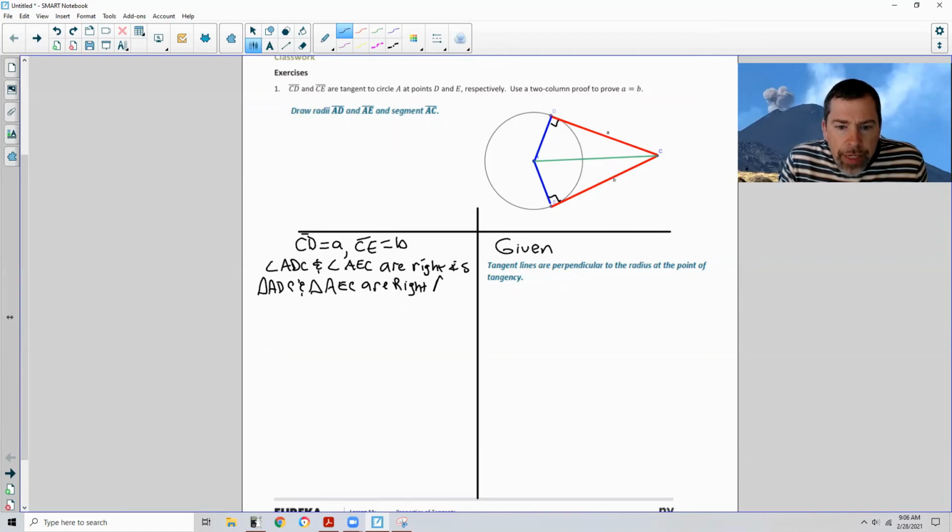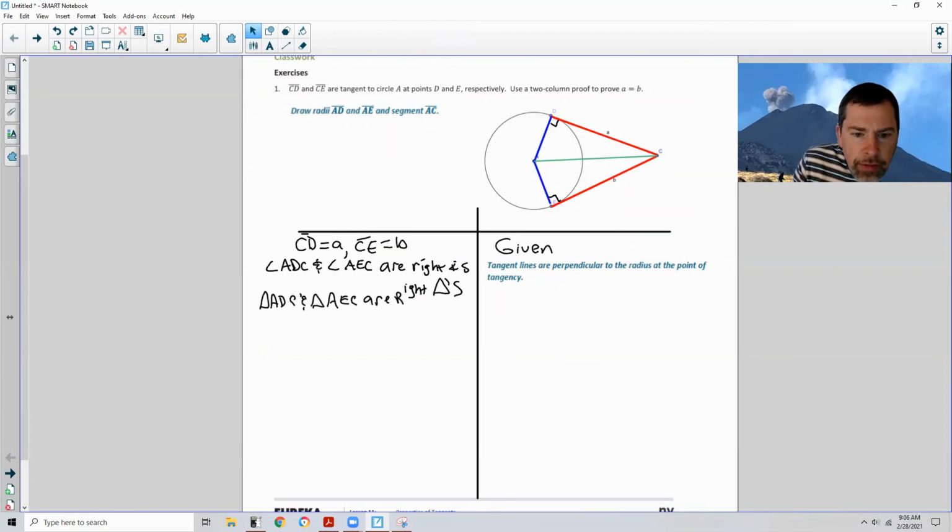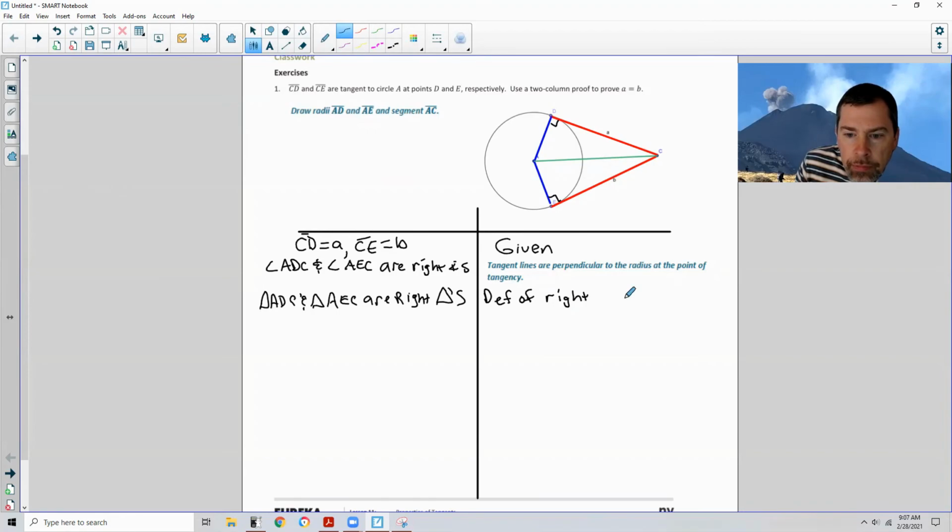Okay, so triangle ADC and AEC are right triangles, and that's just simply the definition of a right triangle with a right angle. So we say definition of right triangle.